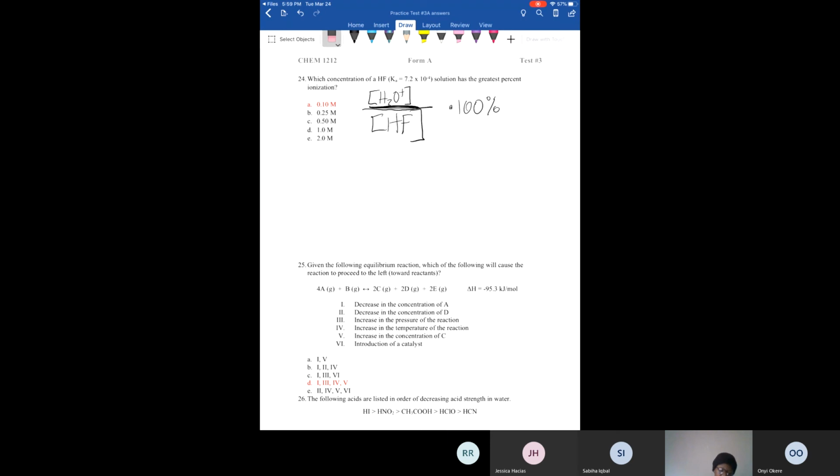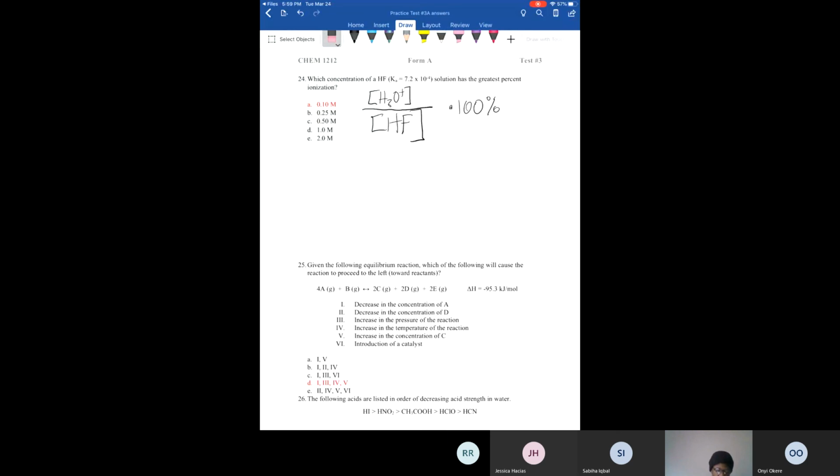But the same thing applies. H3O plus concentration, this is just the formula for percent ionization, but H3O plus concentration is not dependent upon the concentration of acid you start with.